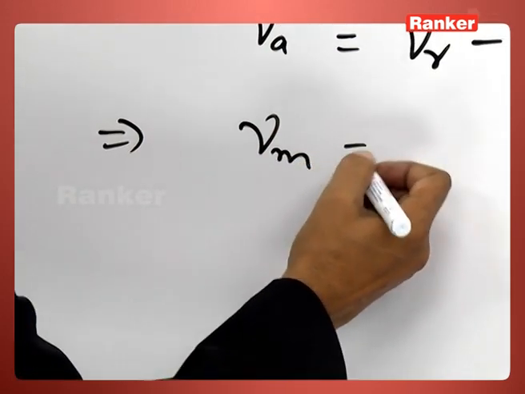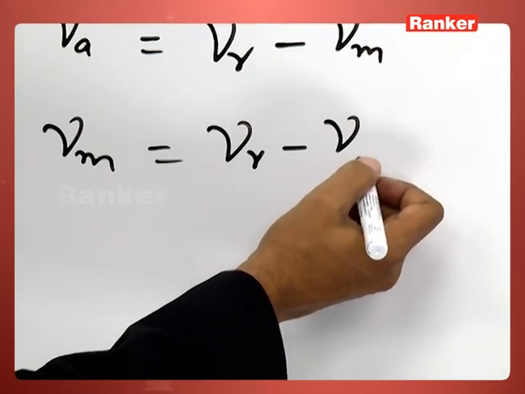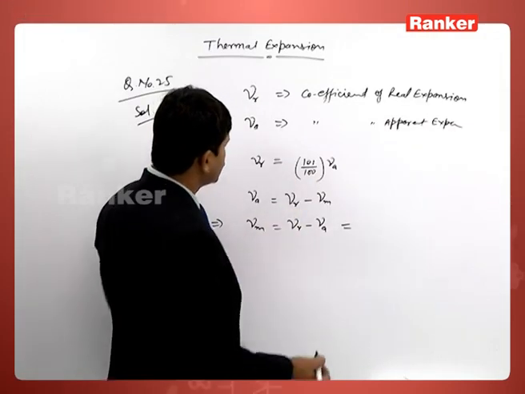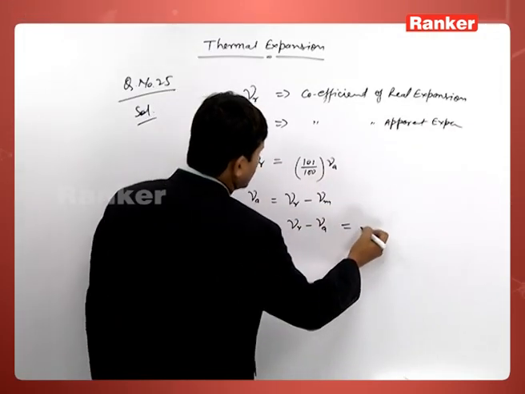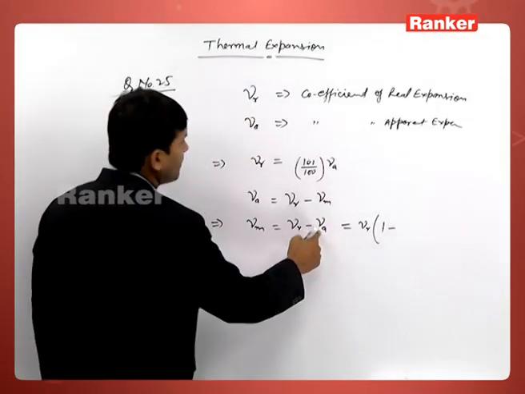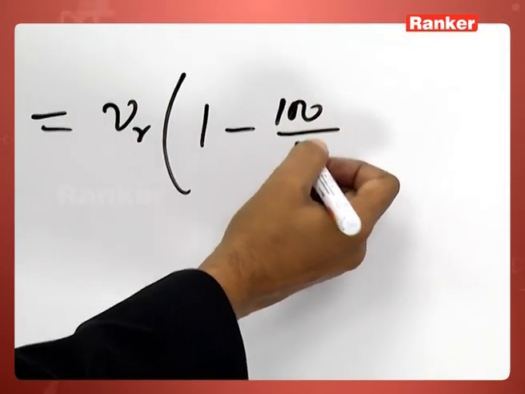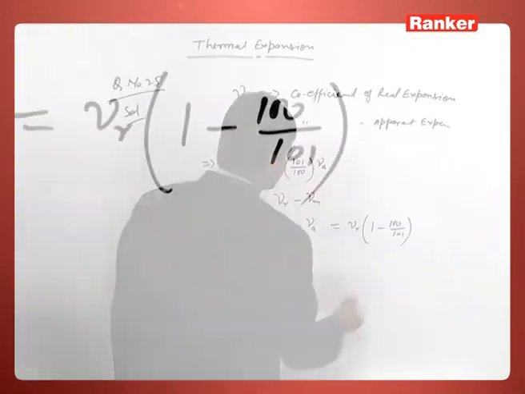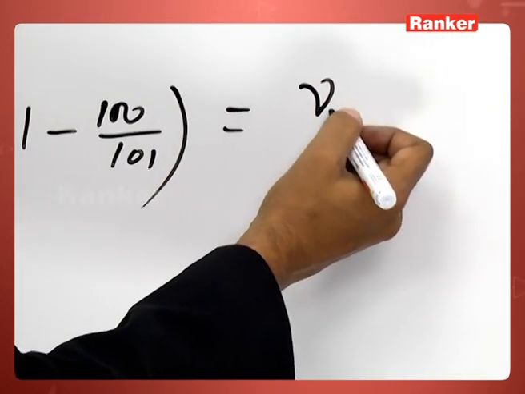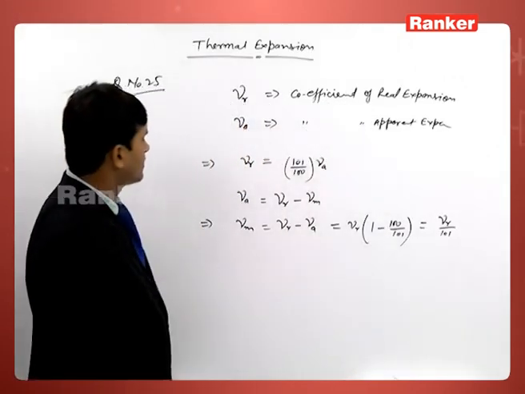Gamma m is equal to gamma r minus gamma apparent, which is gamma r into 1 minus 100 by 101. This is gamma r by 101.